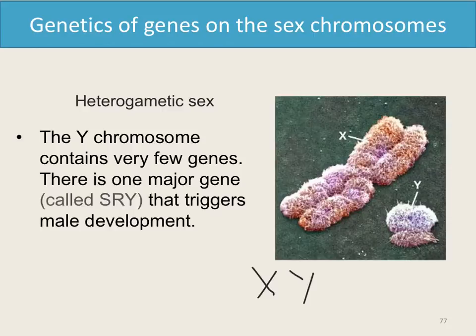So when you have loss of fitness because of being the heterogametic sex, this is called Haldane's rule. So it's usually the females.